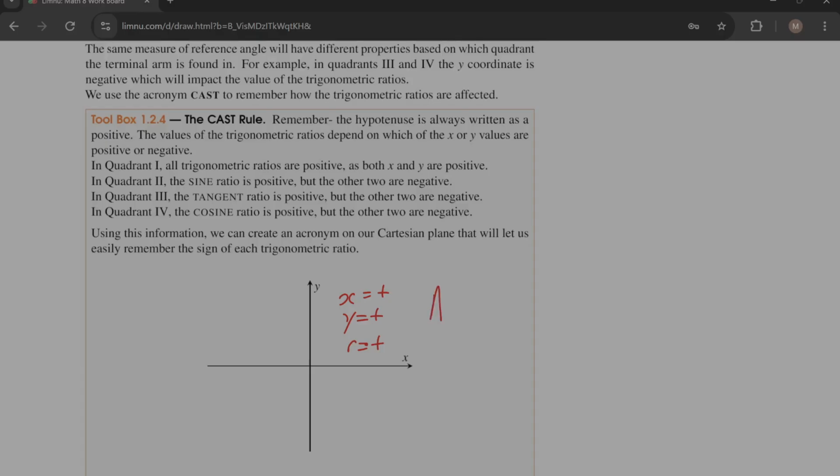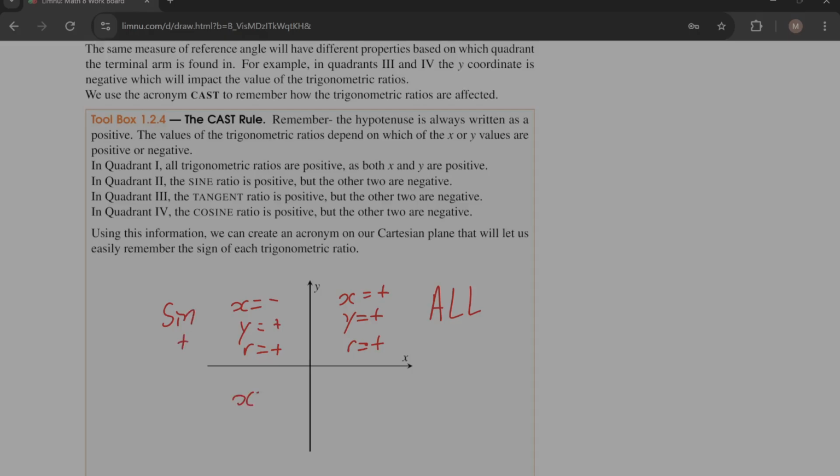So that means all of our ratios are going to be positive. Over here in quadrant 2, x is negative, y is positive, and our radius is always positive. So that means any ratio that uses x is going to be negative. And so when we talk about that, well, cosine and tangent both use this. Only sine is positive, okay?